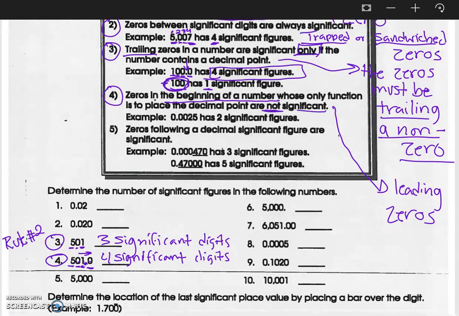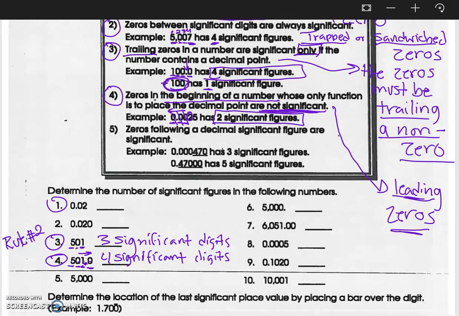So that means any zero before a non-zero is not significant. Leading zeros are not significant. So this isn't significant, this isn't significant, this isn't significant, but of course the 2 and the 5 are because they're non-zeros. So this number has 2 significant figures.